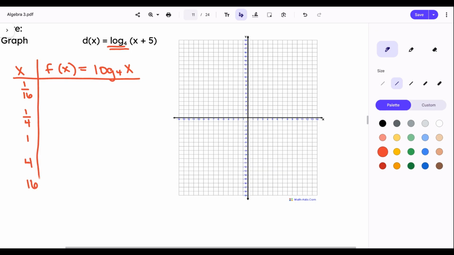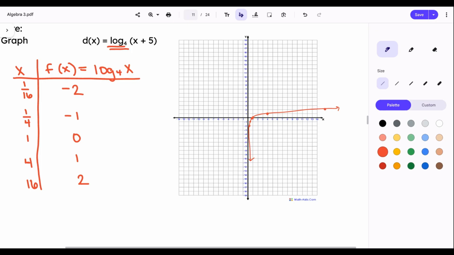Those were all of my x values. And then when we plugged it in, we got -2, -1, 0, 1, and 2. So I'm going to go ahead and graph this. Okay, so there's the parent.